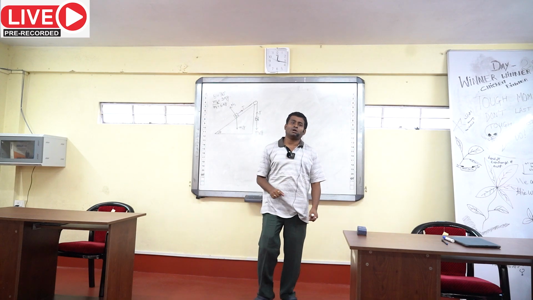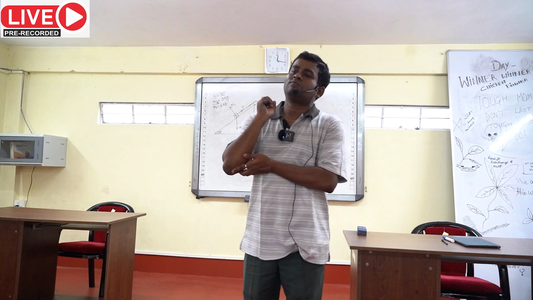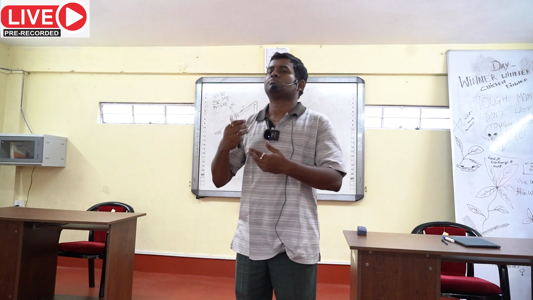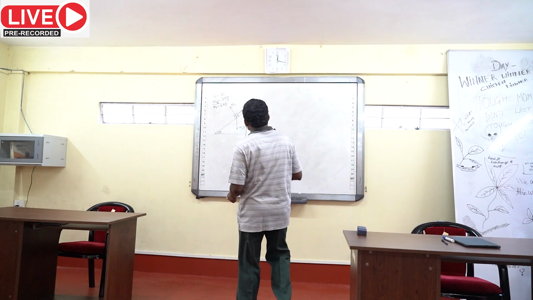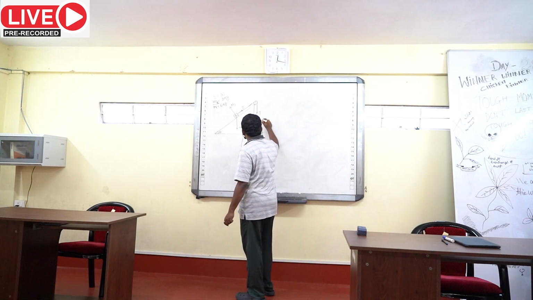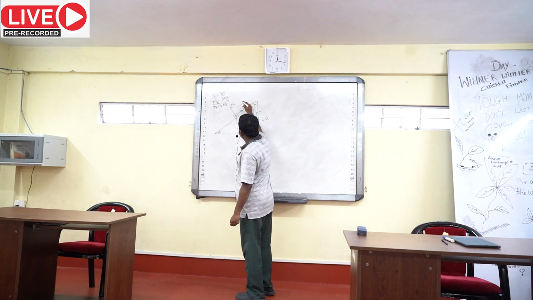So in this situation, we will simply consider any direction for the acceleration. That is my wish. Suppose I consider that this mass is moving down with acceleration A. Then this mass should move up with acceleration A.